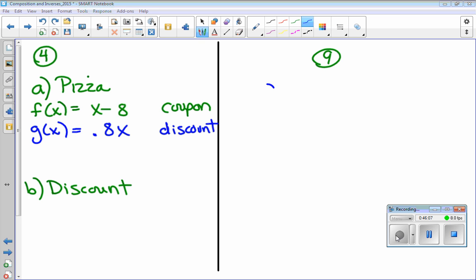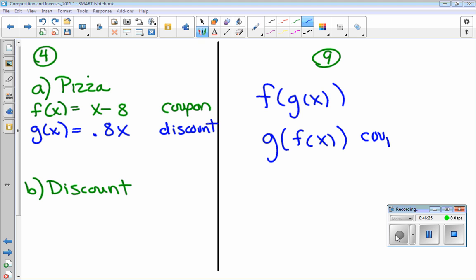Let's just write them both, and let's see if we can decide. f of g of x or g of f of x? Which one is the coupon first? It's the one where f is on the inside, because you do that first, right? So this is going to be the coupon first.